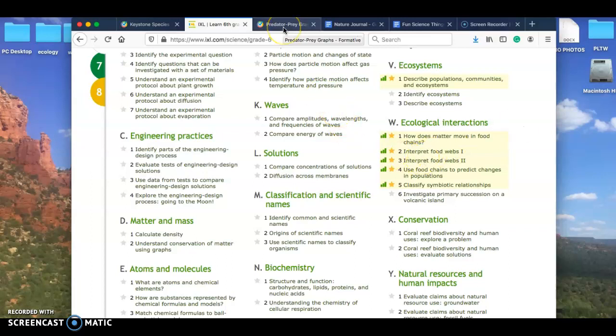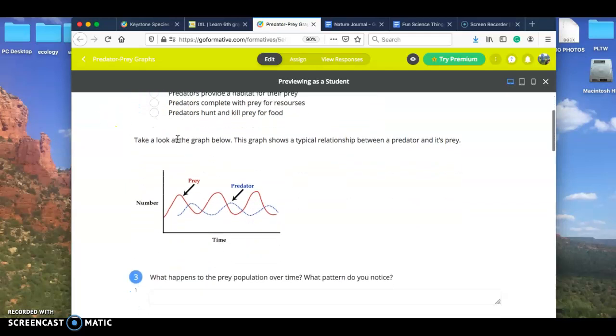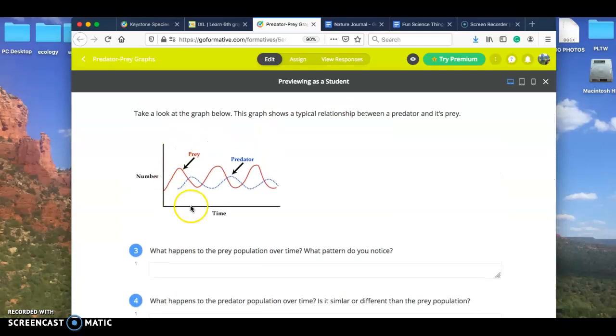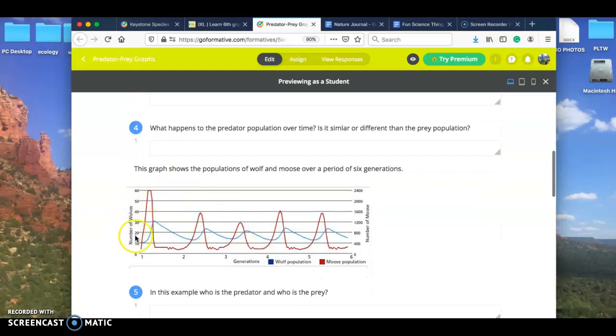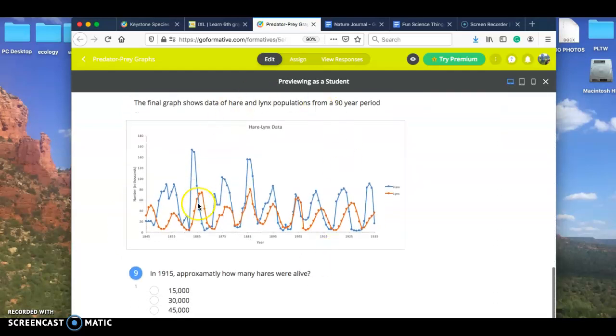On Wednesday, I will post our graph of the week. This week, you're going to be looking at some more predator and prey graphs. And so it kind of goes through a couple different examples. They go from a very simple to kind of a medium to kind of a complex in terms of the graphs.